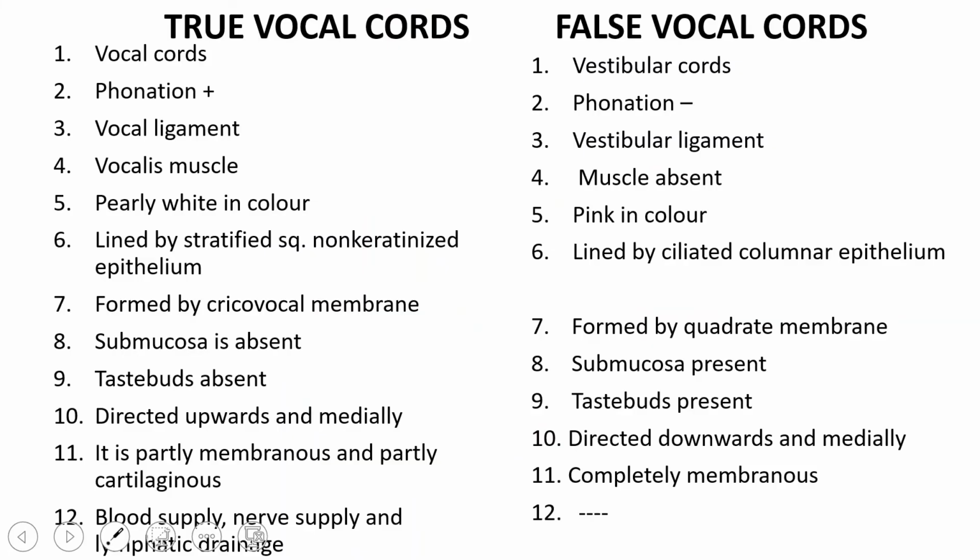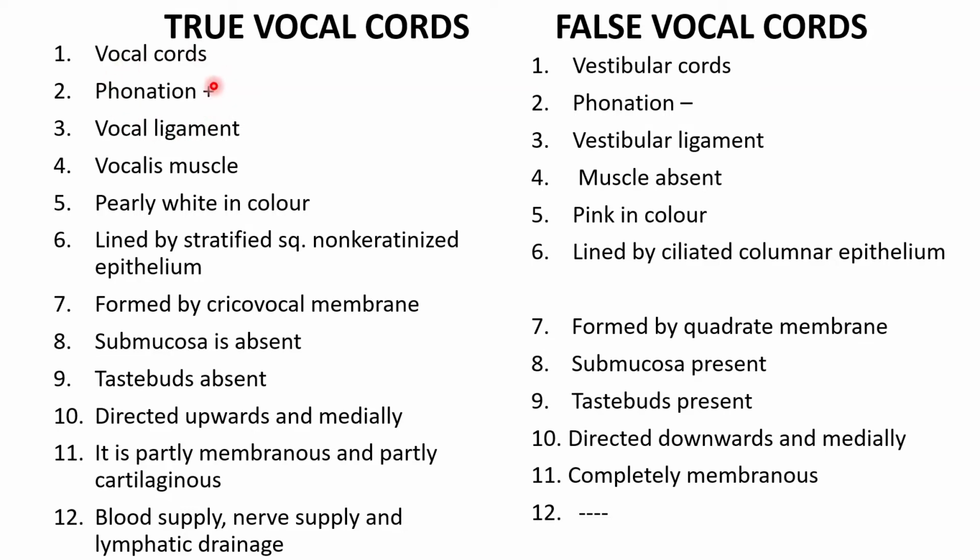Next, we will look at the comparison between the true and the false vocal cord. The true vocal cords are the vocal cords itself, hence called the vocal cord, whereas the false vocal cord, which is devoid of its function, is called the vestibular cord.